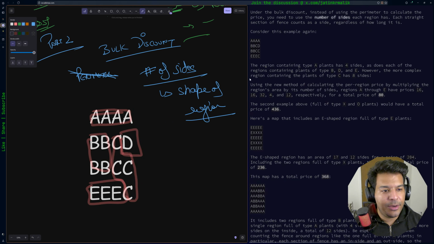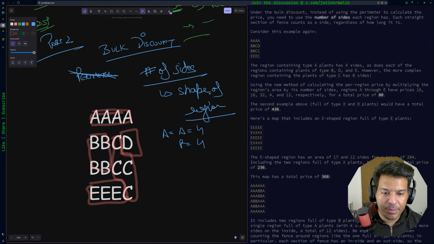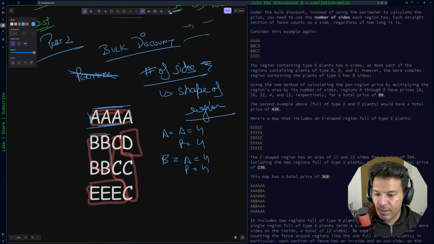Now if we had to calculate the same thing, for A, the area is 4, and the perimeter, instead of 10 as in part 1, will also be 4, because remember, perimeter is now the number of sides. So we have 1, 2, 3, and 4 sides, and we don't care how long they are. Similarly for B, the area is 4 and the perimeter is again 4.